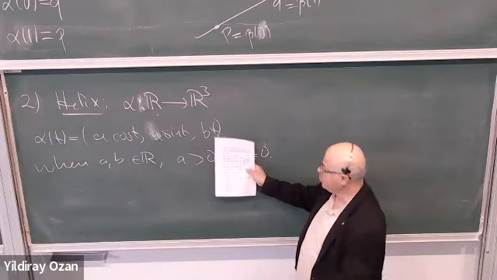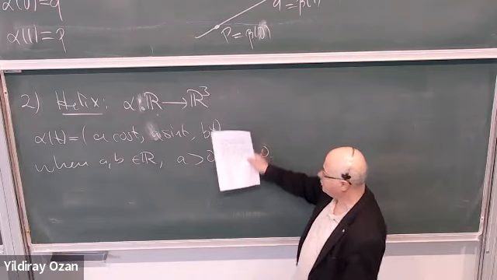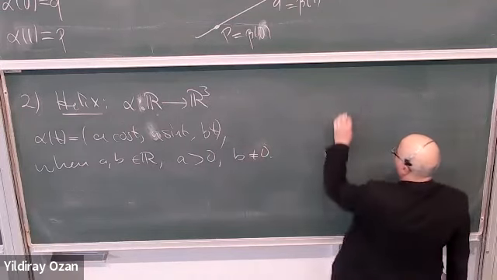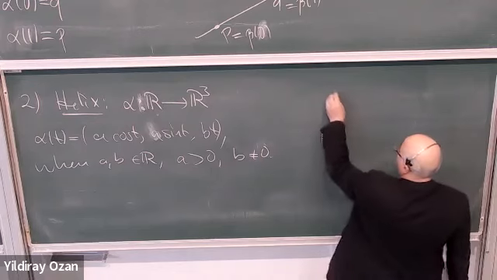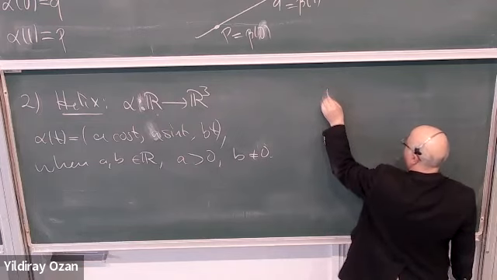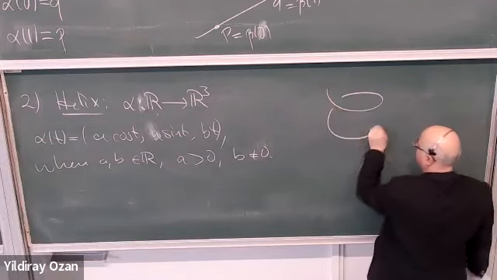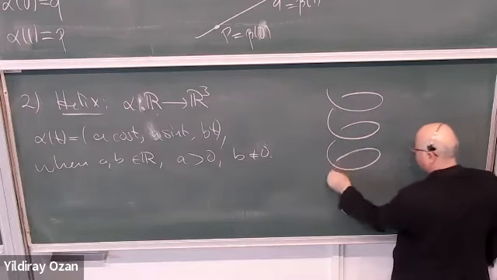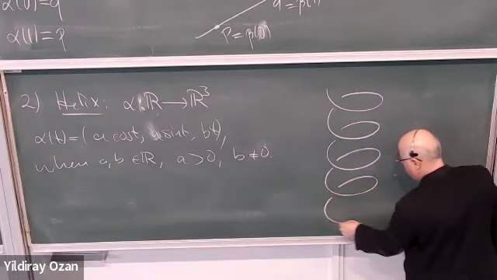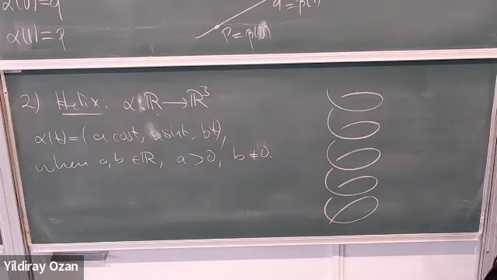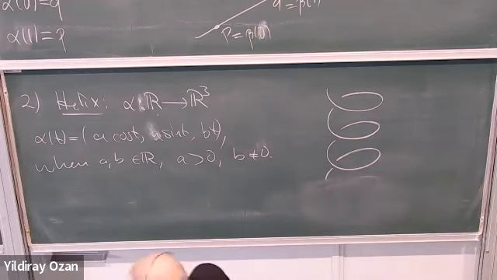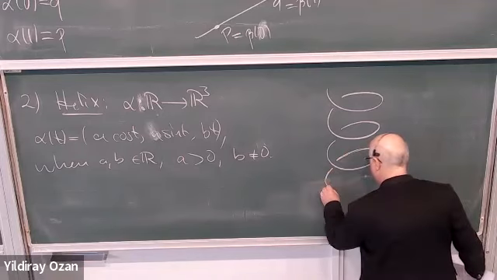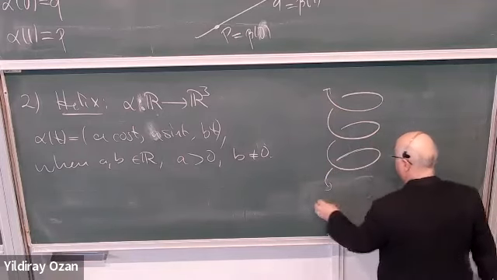And as t goes in the negative direction, it will go down. So it's a circle, but it is going up and down. So it's a helix, okay? Something like this. Of course, it goes to infinity in both directions.